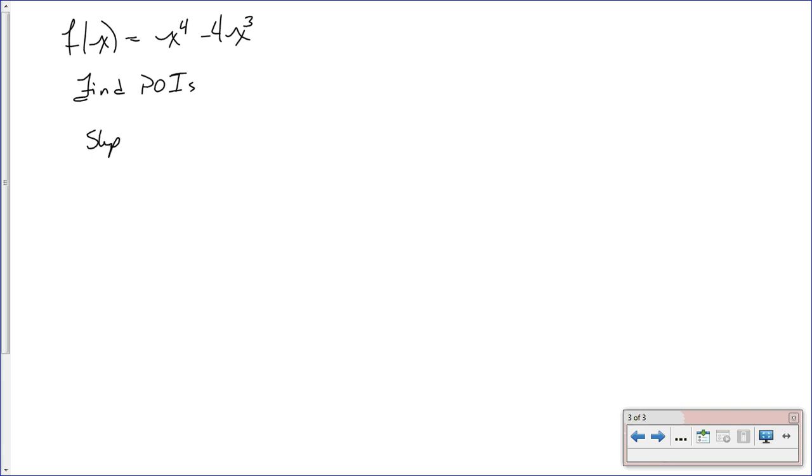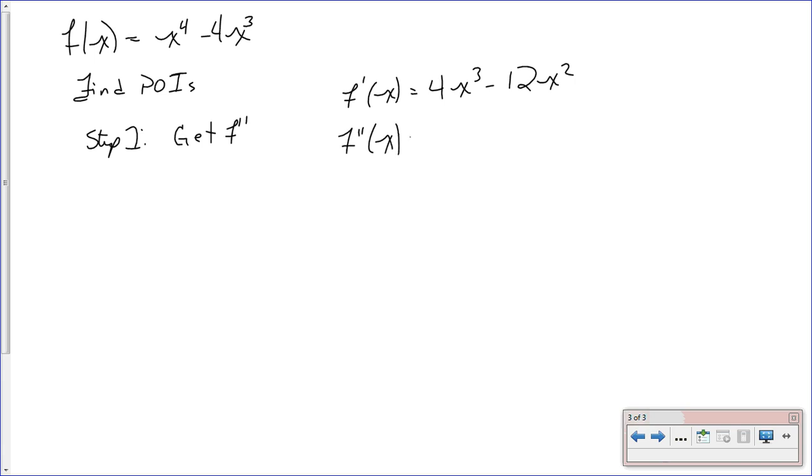So step 1, we need to get f double prime. f prime is going to equal 4x cubed minus 12x squared. So that makes f double prime of x equal 12x squared minus 24x.